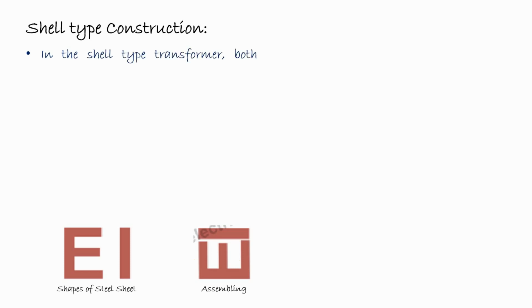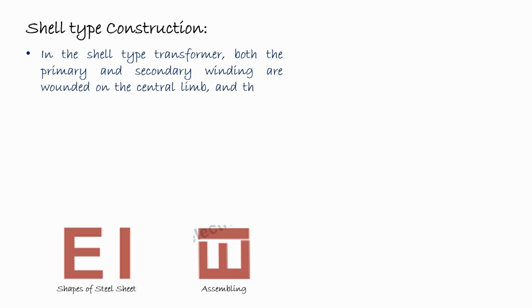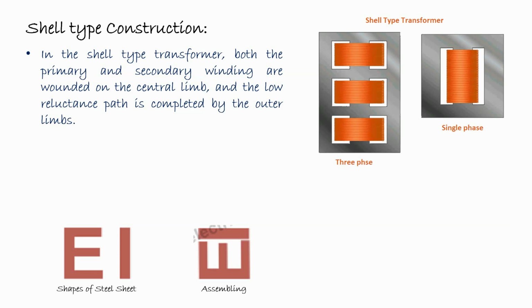In the shell type transformer, both the primary as well as the secondary windings are placed on the central limb. Here, if we see the construction, the transformer should have three limbs. So if we see in this figure, this is the shell type transformer. It is a three-phase type and this is a single-phase type.